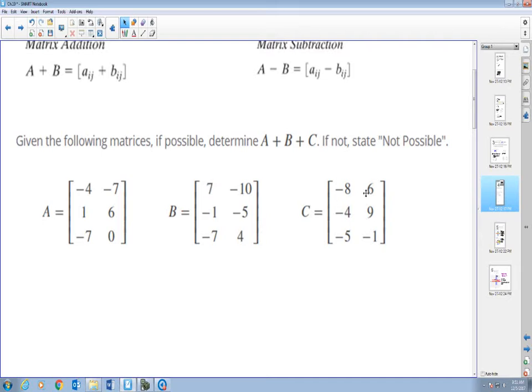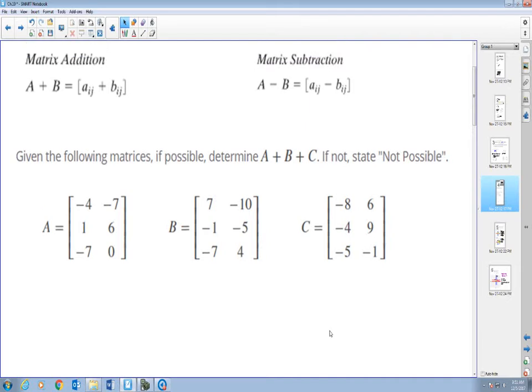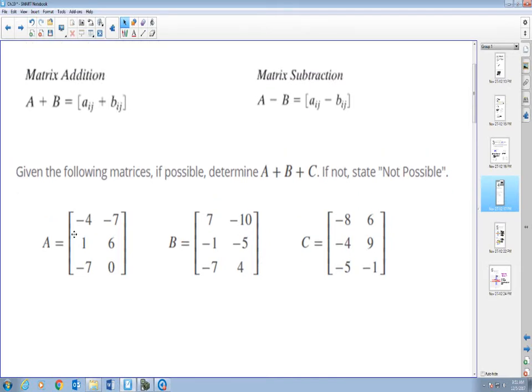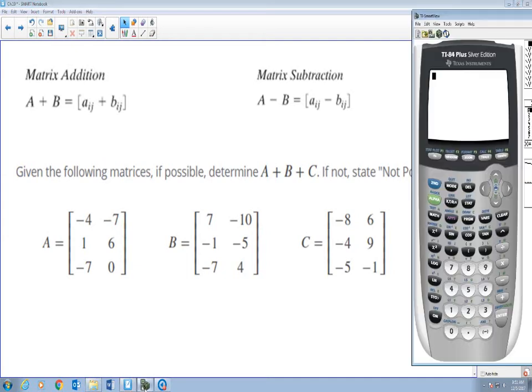And 3 plus the matrix C 1-1 entry will be -5. So my 1-1 entry will end up being -5. The matrices have to be the same order in order to add or subtract them, which makes sense because I'm adding and subtracting by the entry.